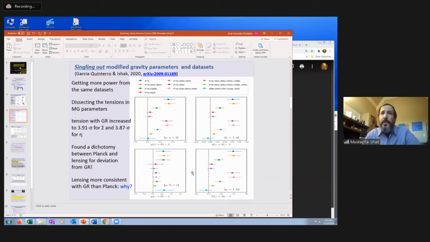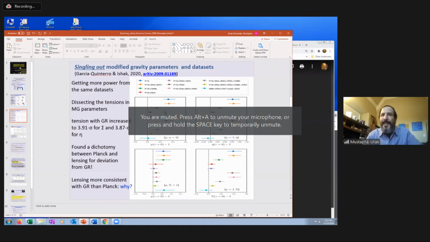Now, we said, what can we do with this? We can fix one parameter and let the other one vary to see if we can gain some constraining power, or if we can dissect what's going on with this tension. The result is as follows.